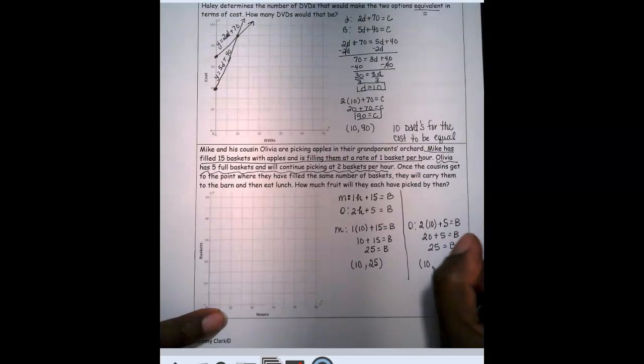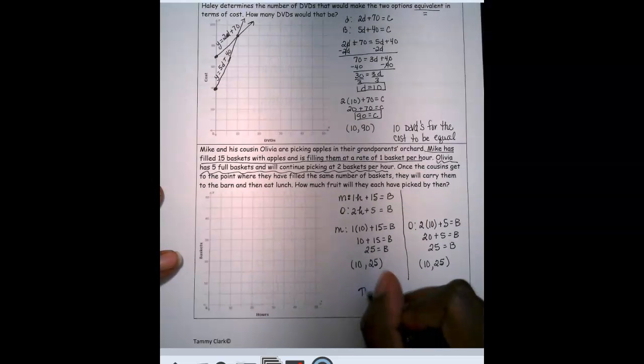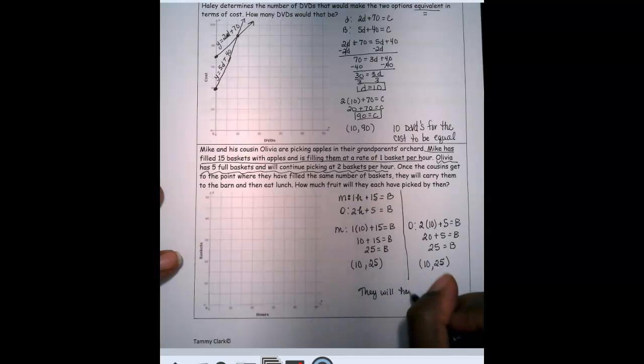So if they both work 10 hours, they will have filled 25 baskets. So the question was, how much fruit will they have picked by then? They will have picked 25 baskets.